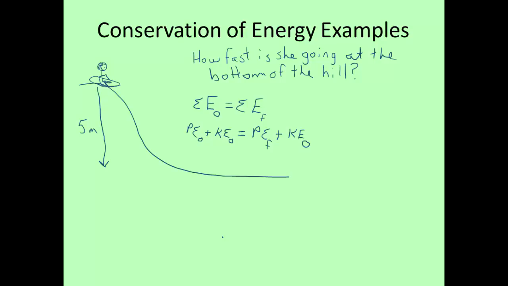To begin with, because she's sitting at the top of the hill, she has no kinetic energy initially. And at the end, if we say that the bottom of the hill here is our 0 point, then she has no final potential energy either. So again, see, if I put the 0 point at a convenient spot, some of my terms go away. So my initial potential energy is mgy.